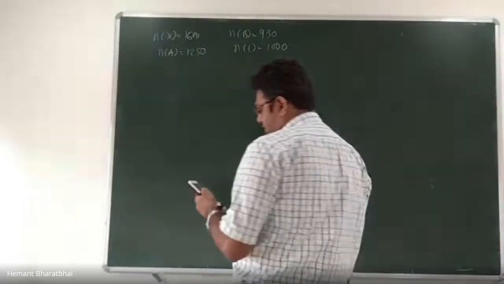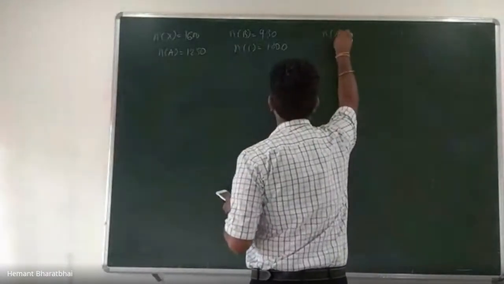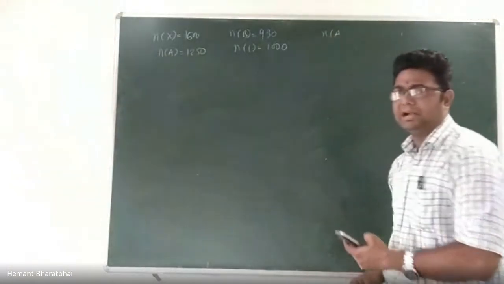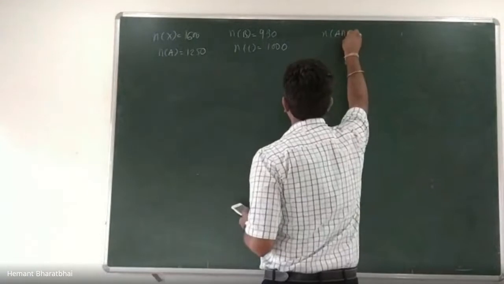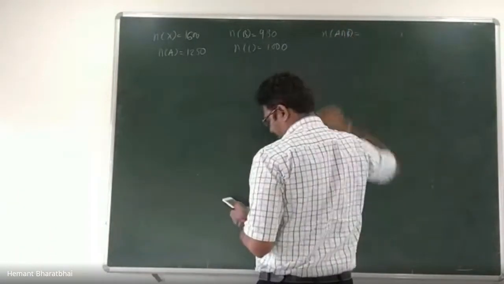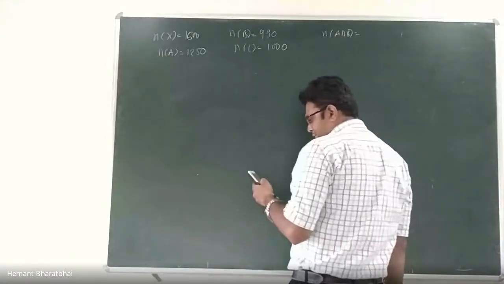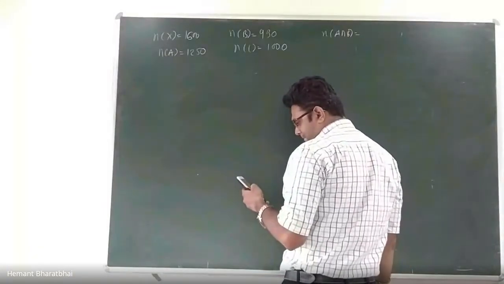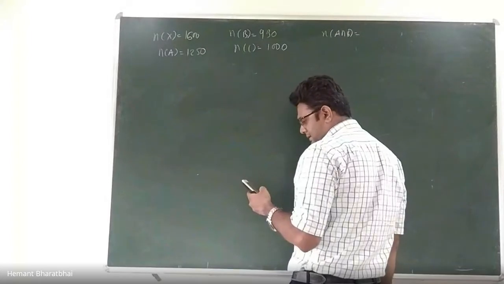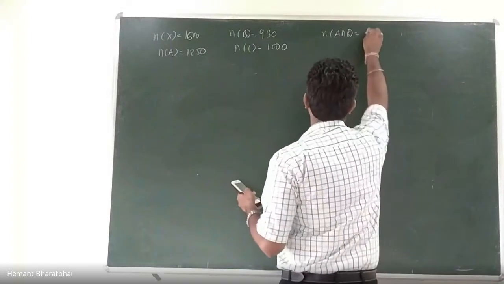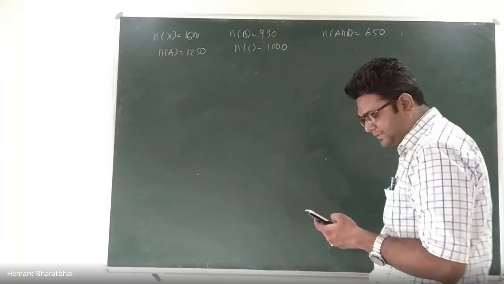Products A and B were liked by 650. Product A and B: what does 'and' mean? 'And' means intersection. So I write A intersection B. A intersection B is 650.